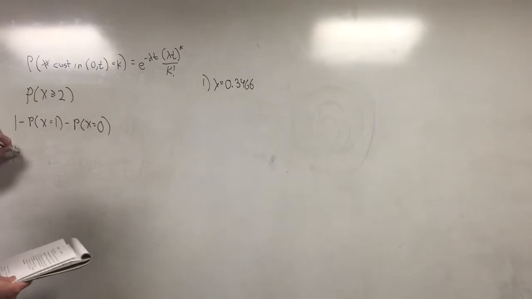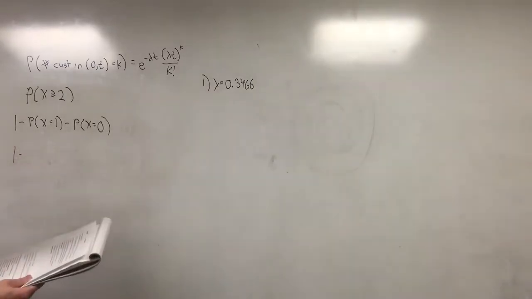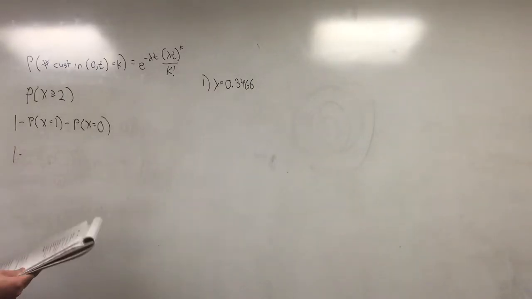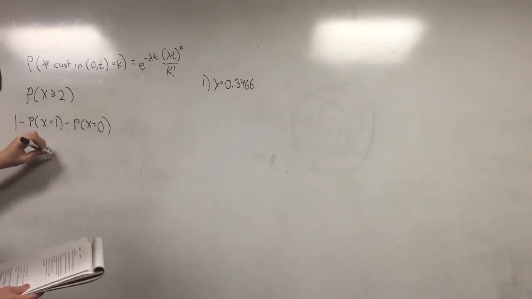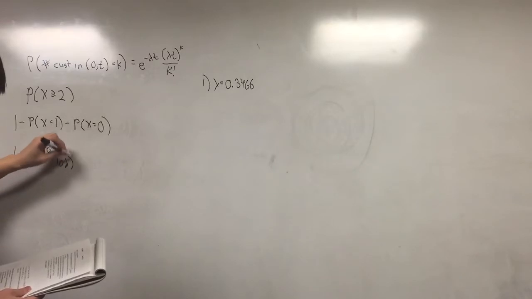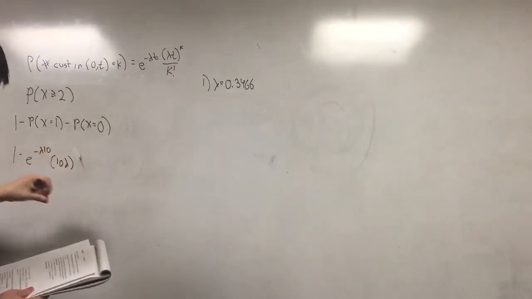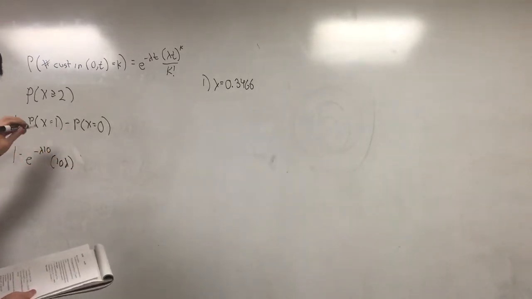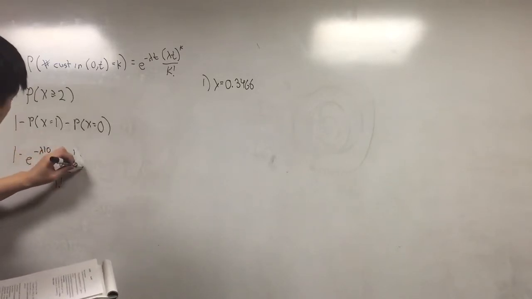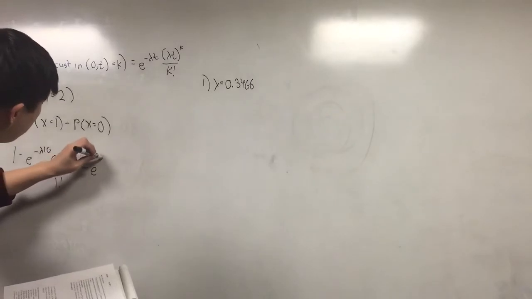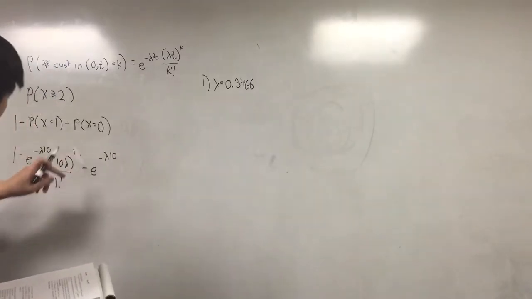So this, when we plug it in, because in this case it's in a time span of 10 minutes, t is going to equal 10. So it's going to be e to the negative 10 lambda, 10 lambda to the k. In this case, our k for the first part is equal to 1. And then we have e to the negative lambda 10 again.